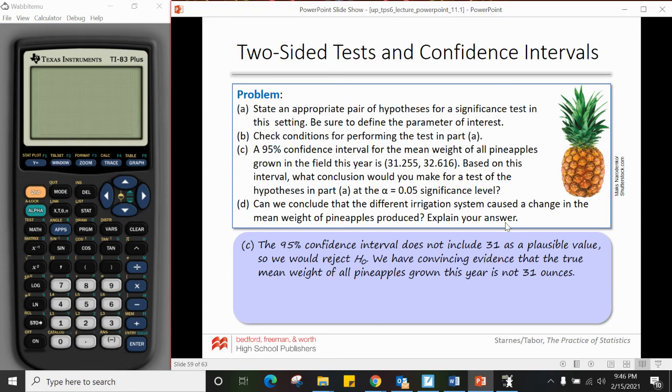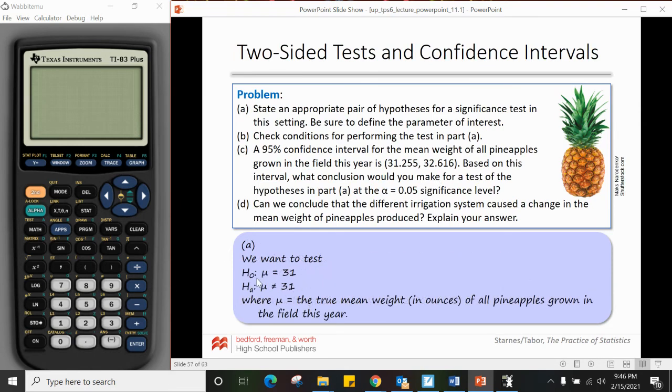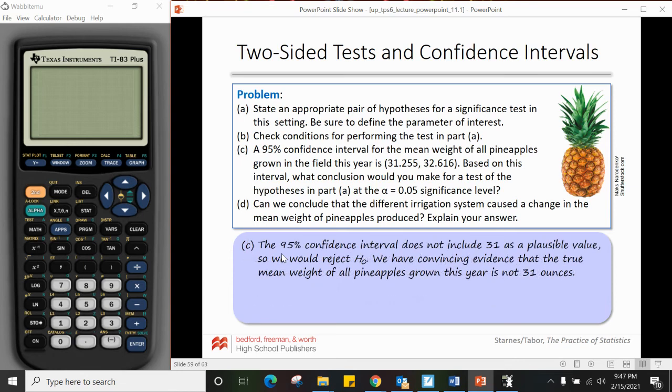So since 31 is not included in this interval, and that is our H naught, mu is equal to 31, we are actually going to reject H naught because 31 is not in that interval. So we have some evidence against H naught and in favor of HA. We have convincing evidence that the true mean weight of all pineapples grown this year is not 31 ounces because 31 is not inside that interval. So we would actually reject the H naught here.